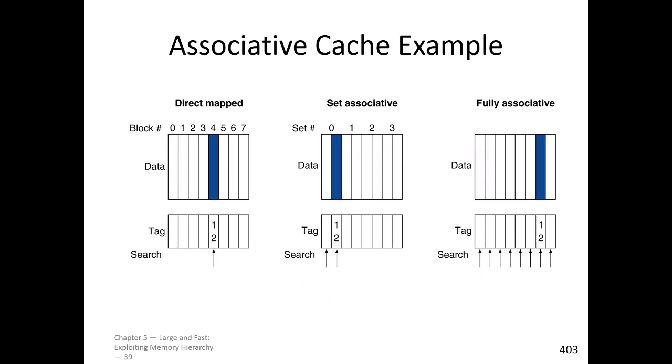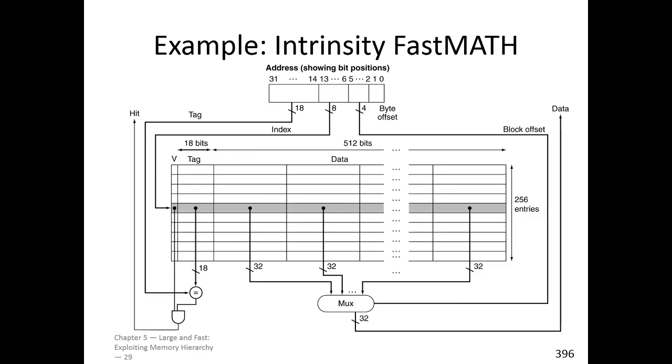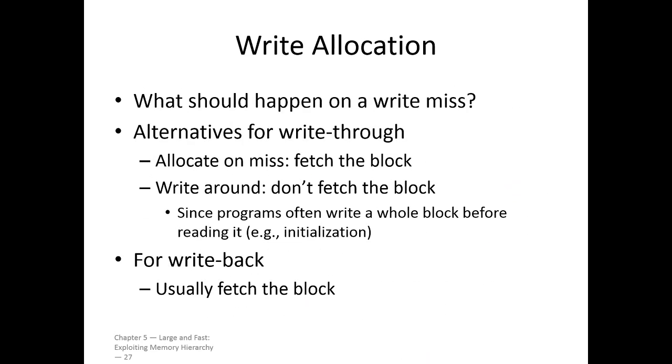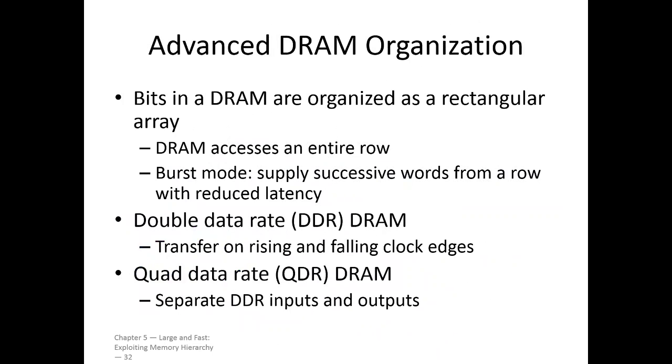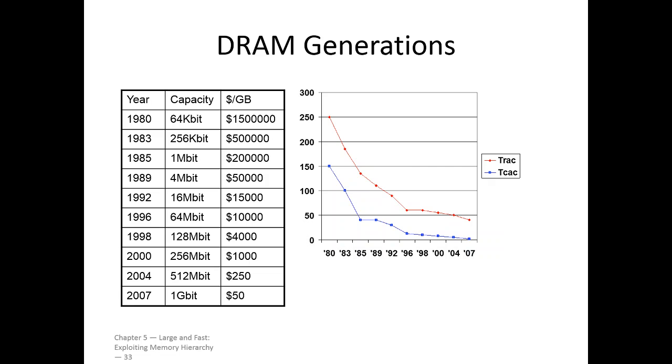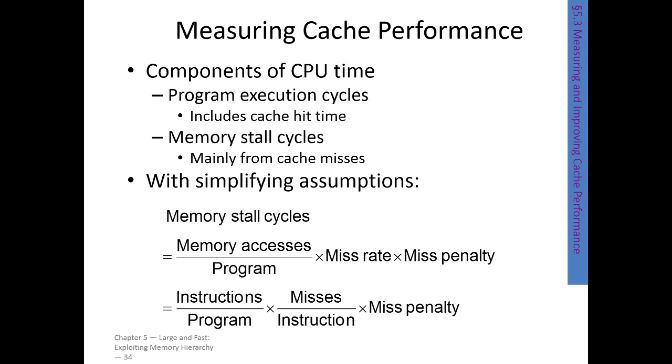Let's go back now and fill in some of the math. Now that you know about different mappings for caches and the performance of the technology, we can turn all of this into equations. We can quantify it a little bit.